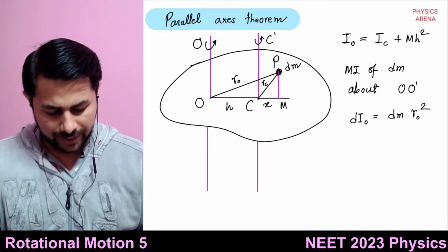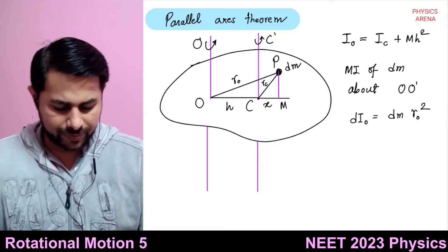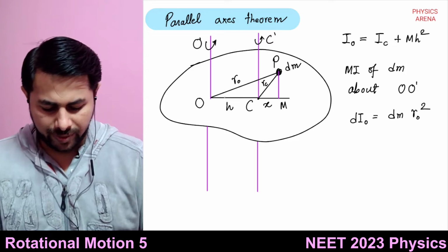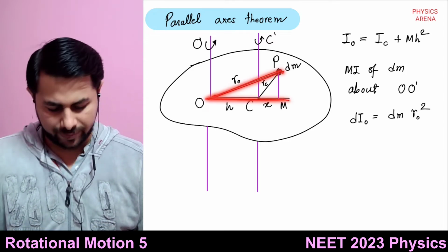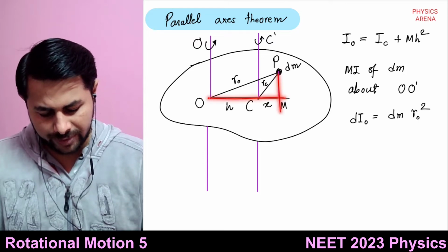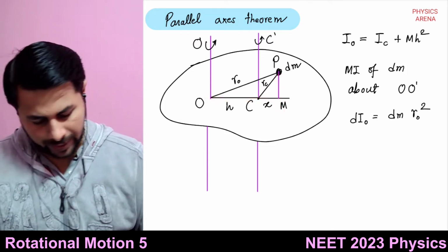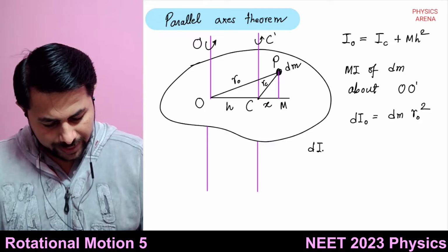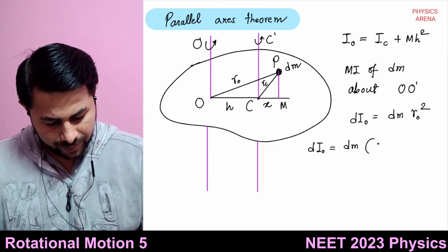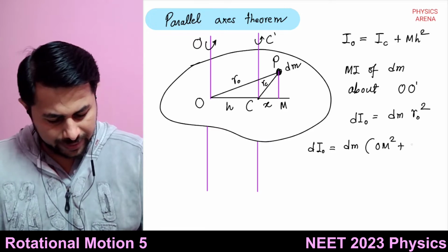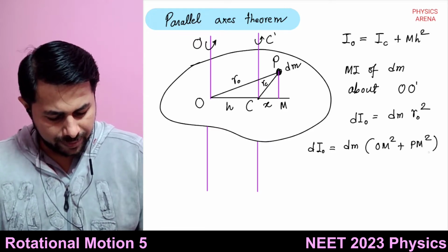And then using the Pythagoras theorem, we can say r naught squared is equal to this distance squared, OM squared plus PM squared, right? So we can write dIO is equal to dm multiplied by OM squared plus PM squared.